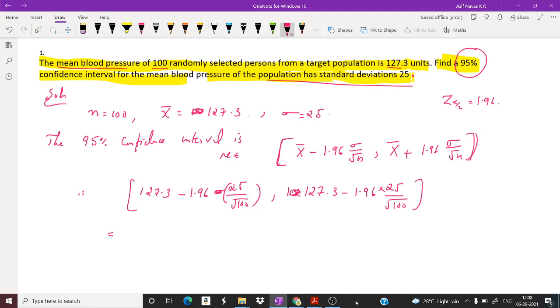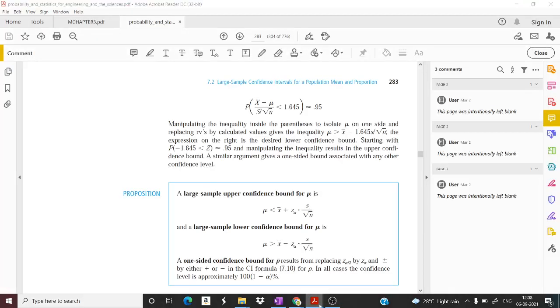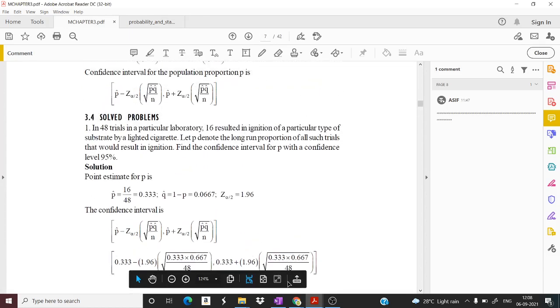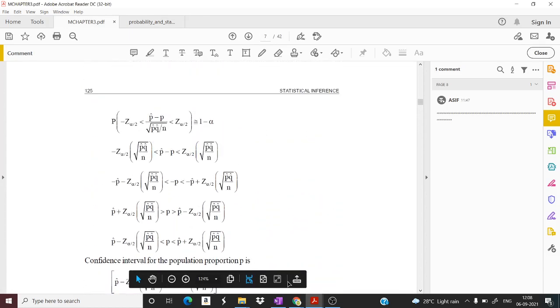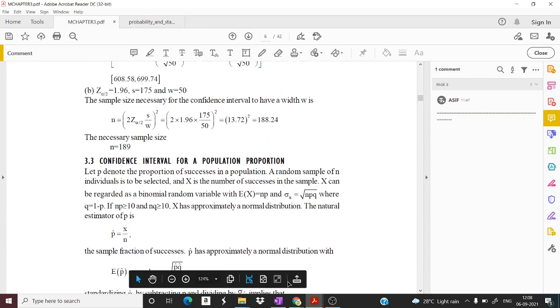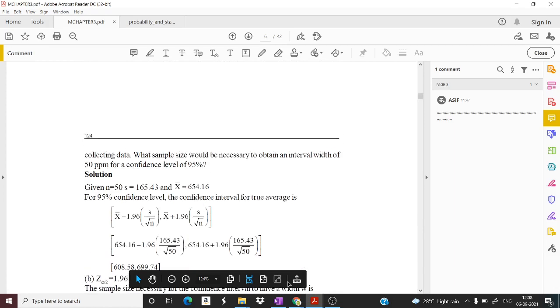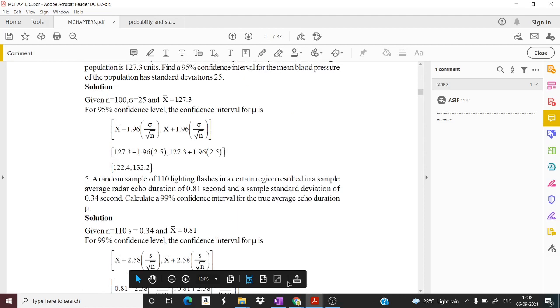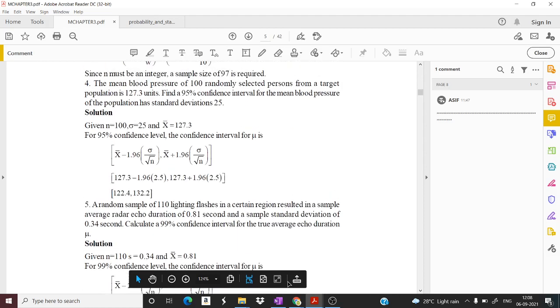Okay, so if we calculate this, I will share the notes.